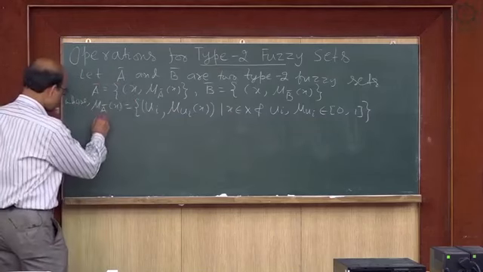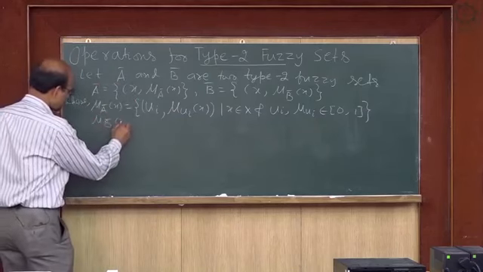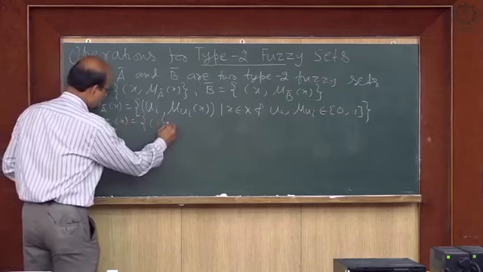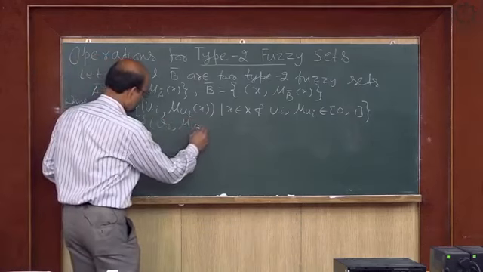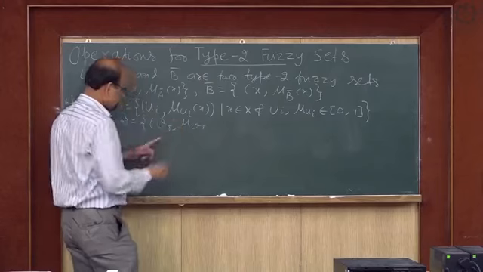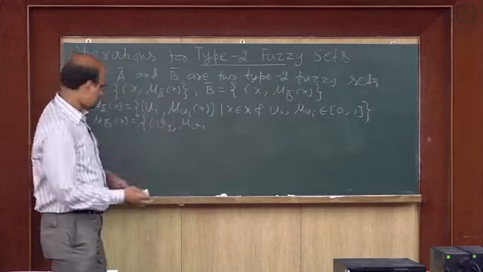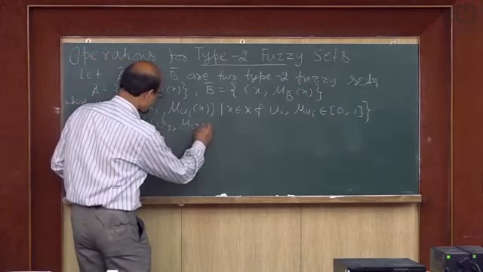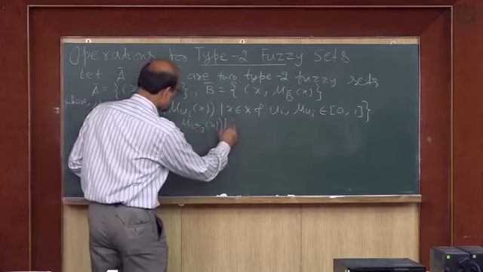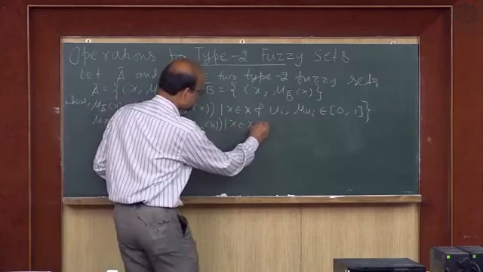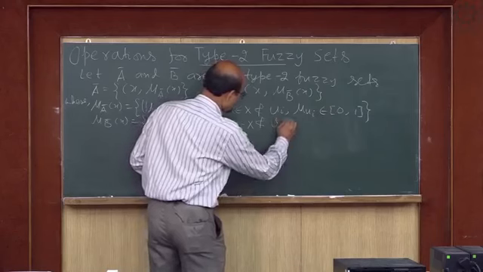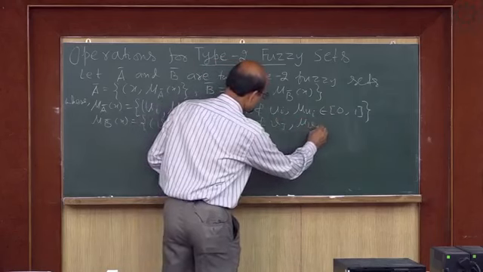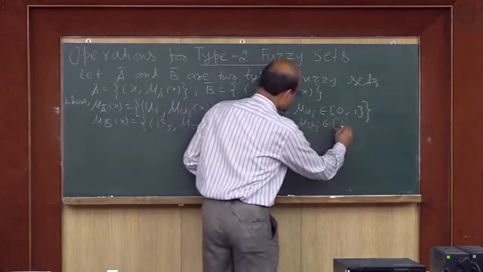Similarly, I can write mu B bar x is equal to vj, mu vj x, such that x belongs to X and vj and mu vj belong to [0,1].